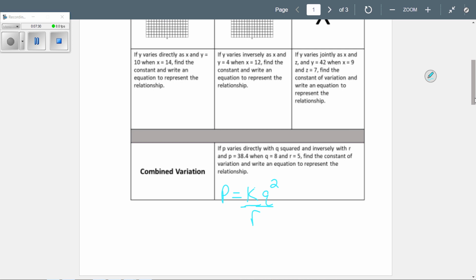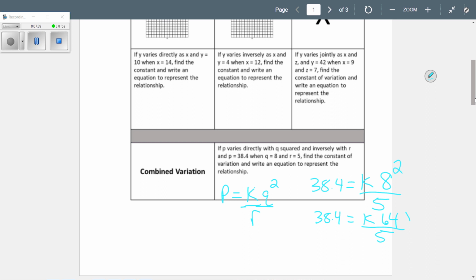So p is 38.4 equals k, we don't know k. Q is 8 squared, which you should already know what that is, but we're going to do one at a time, over 5. Now we need to solve it. 38.4 equals k times 64 over 5. All right?